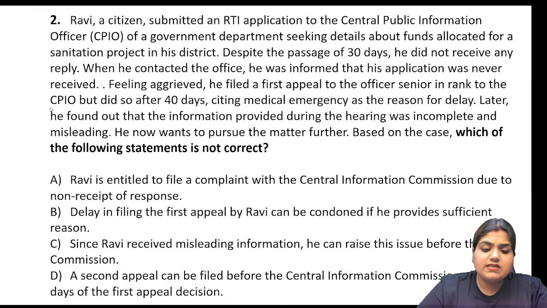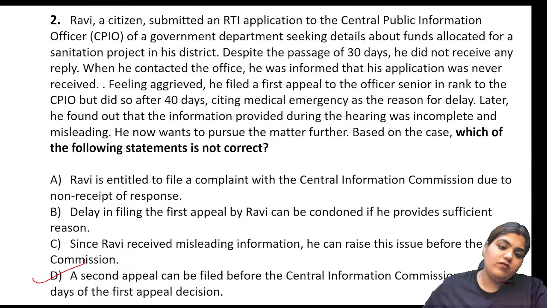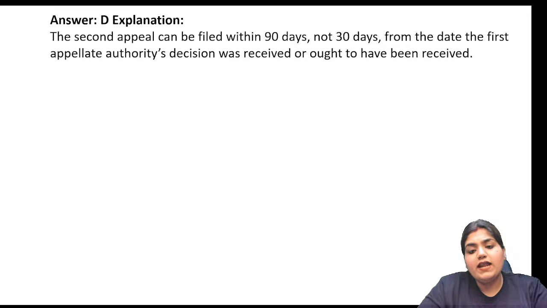Yes. Ravi receives misleading information. He can raise the issue before the Commission. Yes. Second appeal before the CIC within 90 days. It is 90 days, not 30 days. So D is the incorrect one. The time period to file a second appeal is 90 days.